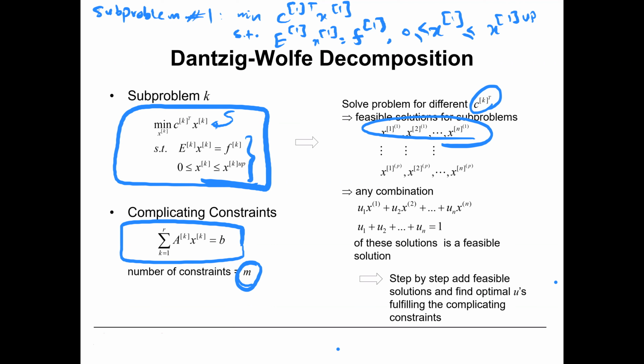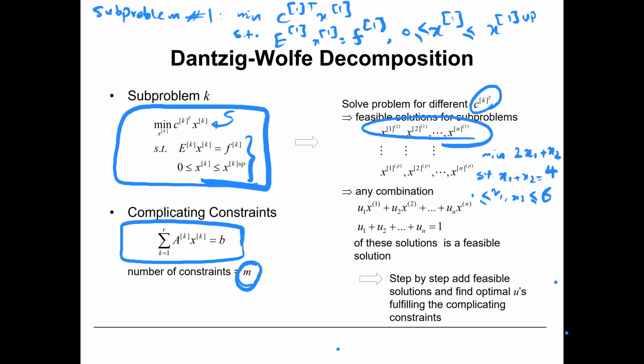For example, if one of our subproblems is minimizing 2x1 plus x2 subject to x1 plus x2 is equal to 4, and x1, x2 are all positive, less than or equal to 6.